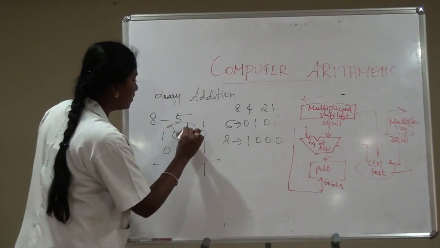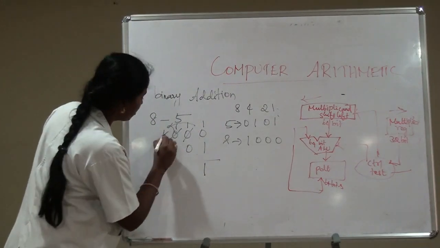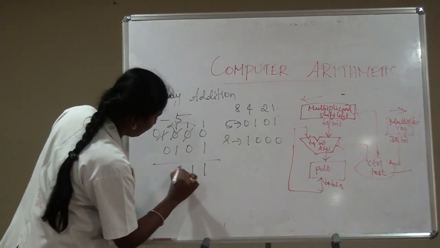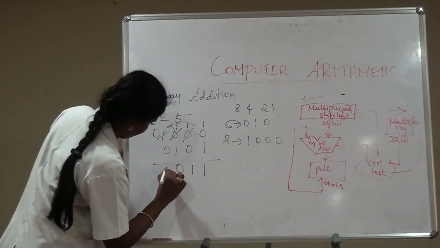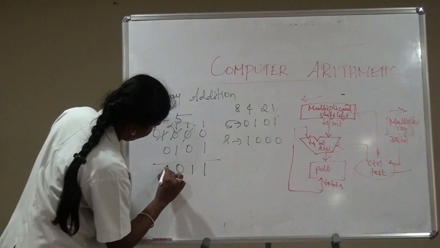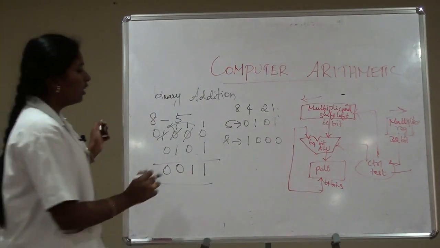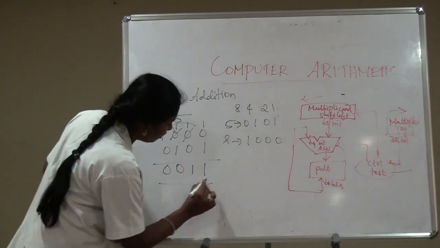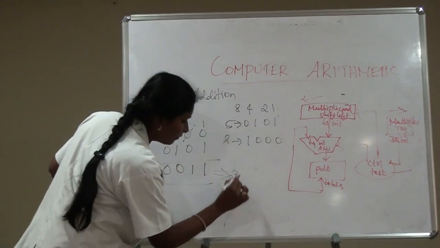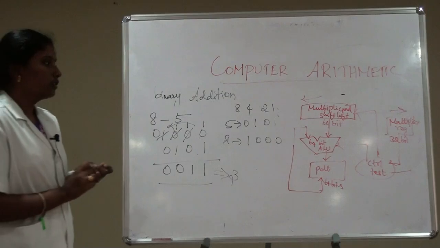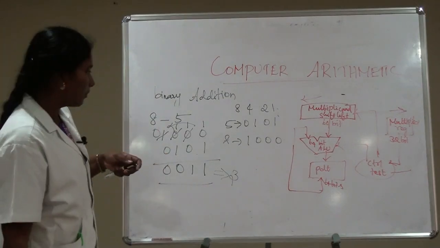Again the zeros change to 1, and this 1 changes to 0. This is my corresponding result. 8 minus 5, the value is 3. So this is binary subtraction.